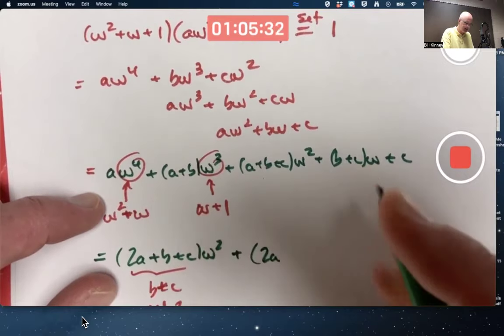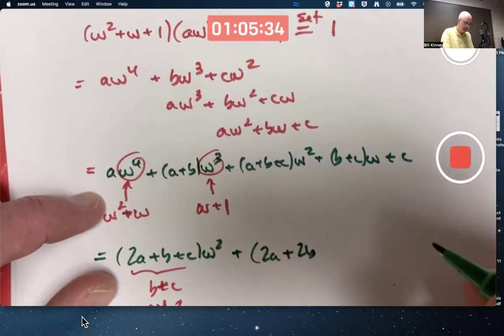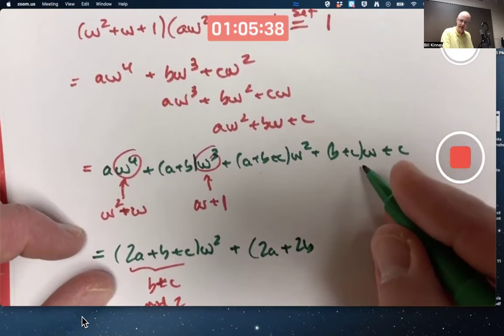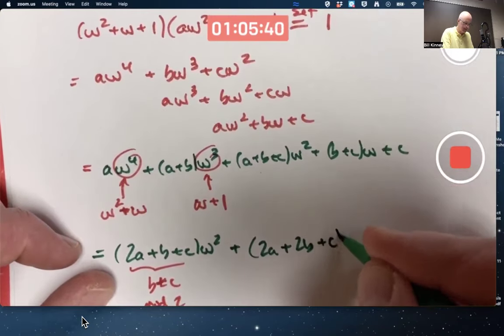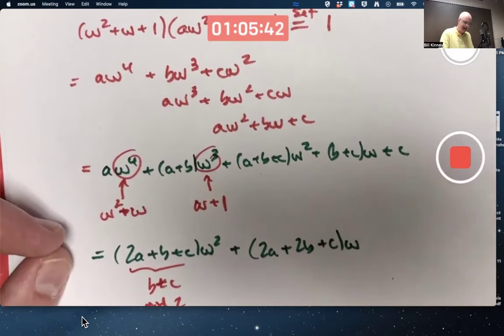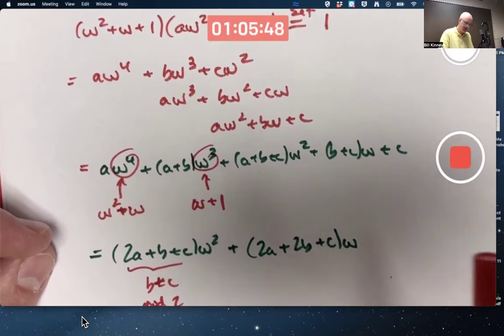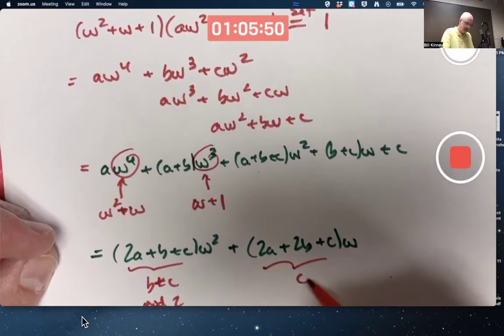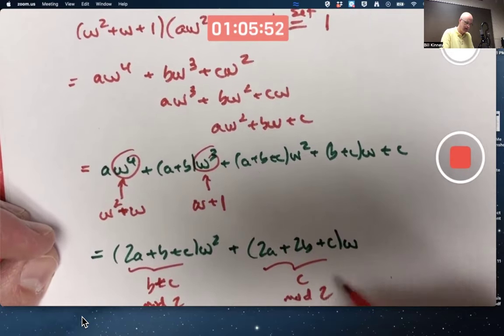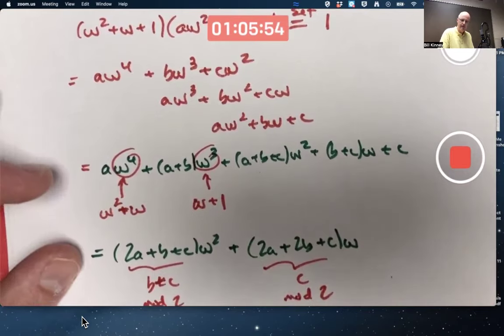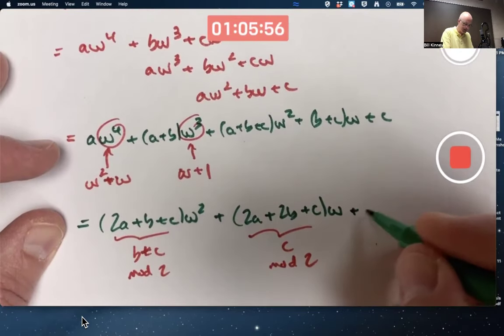There's another b there. I also get a 2b. And the c only comes from the last one here. Once again, I could mod the coefficients of these by 2 to get 0 here and here. This simplifies to c mod 2. Finally, the constant term is just c.